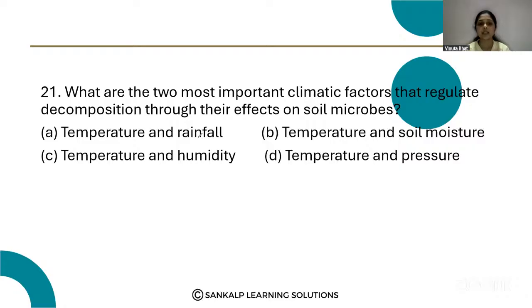So they regulate decomposition through their effects on the microbes. Yes, temperature regulates the decomposition. If the temperature is very high or very low, the decomposition is not possible. So it requires the optimum temperature.